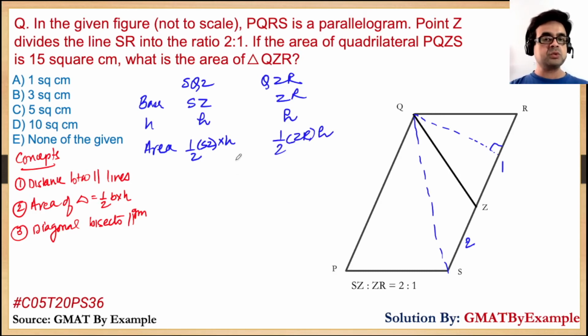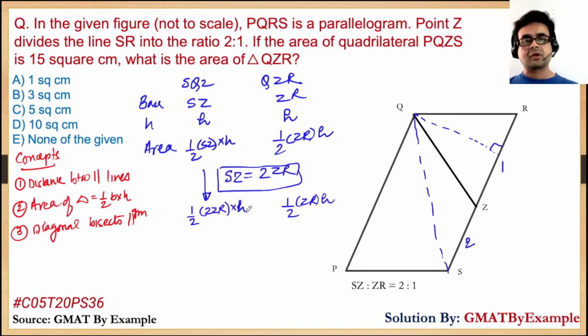Now we know that SZ and ZR are in the ratio 2:1. Okay, so since SZ is equal to 2 times ZR, I can write the area of SQZ as 2 times ZR multiplied by H divided by 2. What I know is when I add these two areas up, I get the total area of the parallelogram divided by 2.